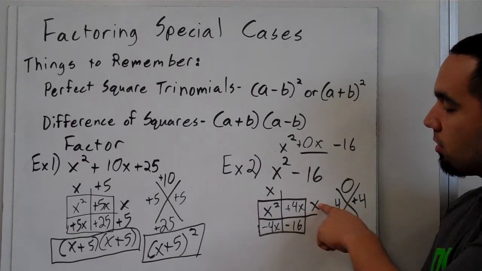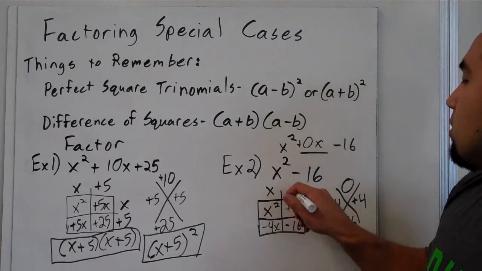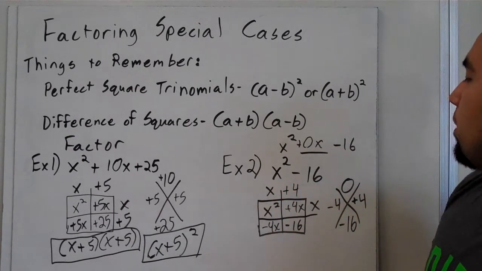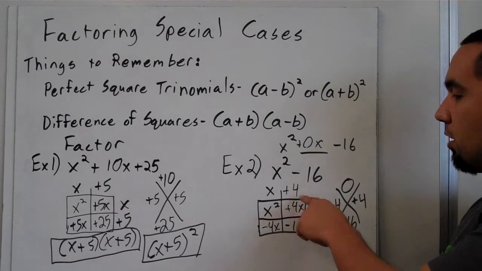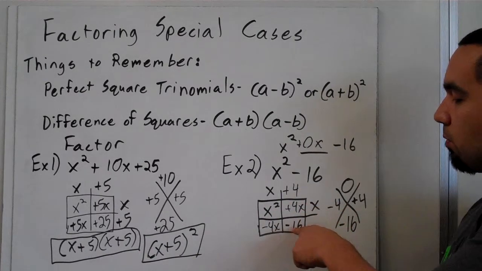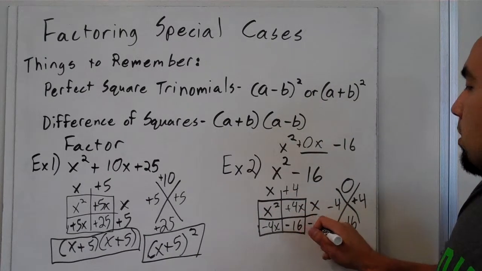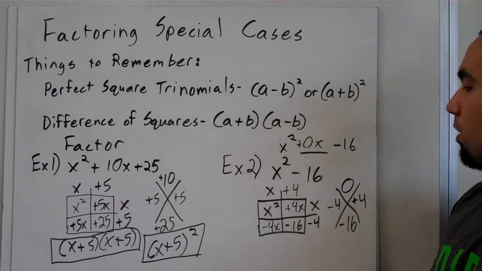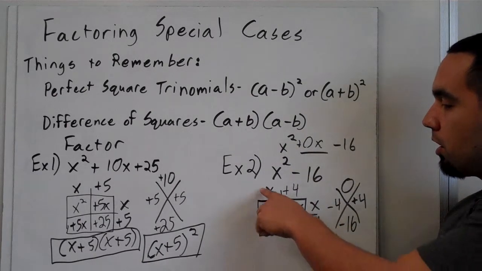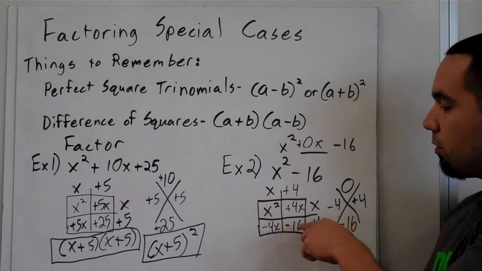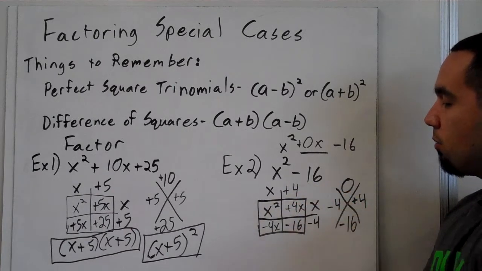So let's make sure. X times what gives me positive 4x? That would be positive 4, right? And positive 4 times what gives me negative 16? Well, that's negative 4. And just to double check, negative 4 times x gives me negative 4x. That's right.